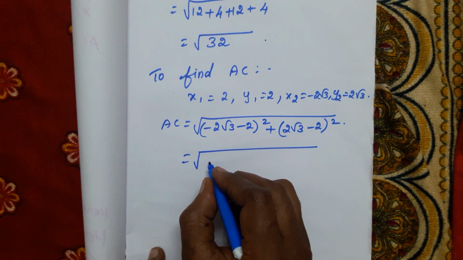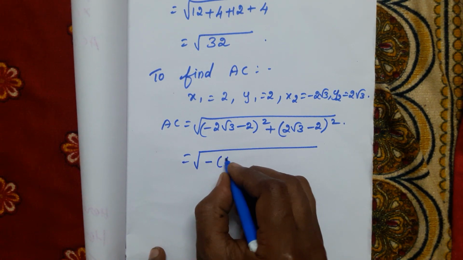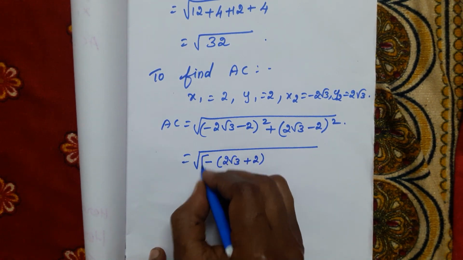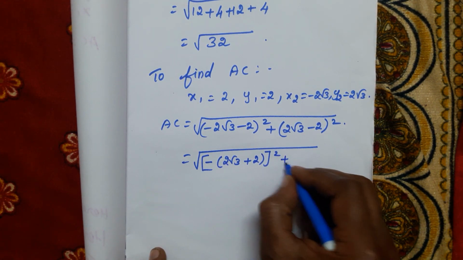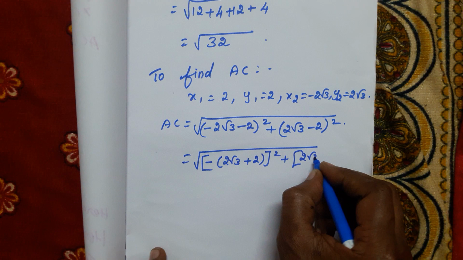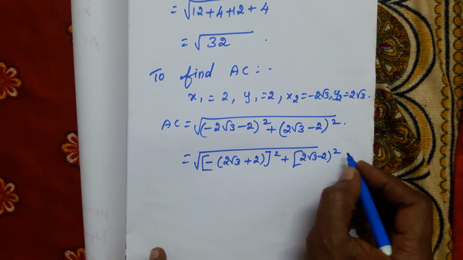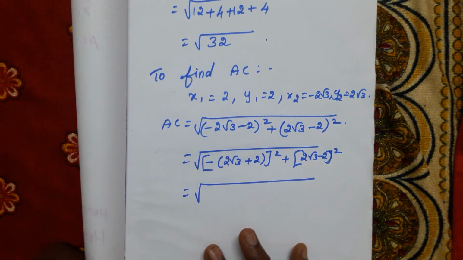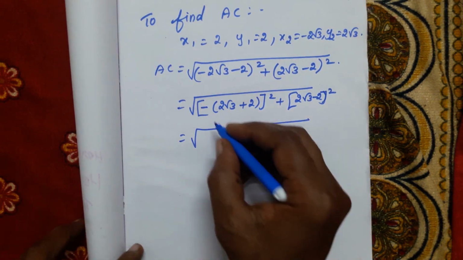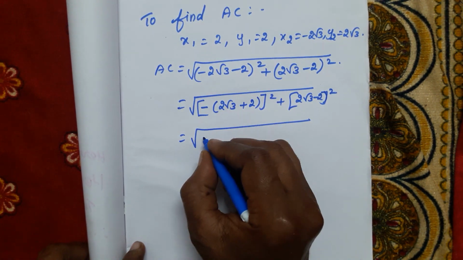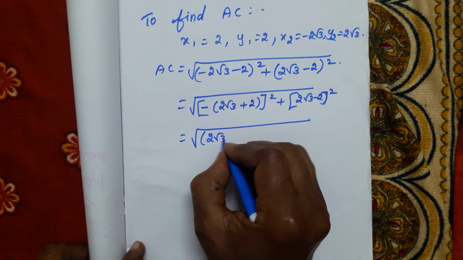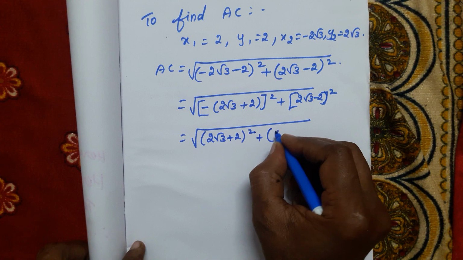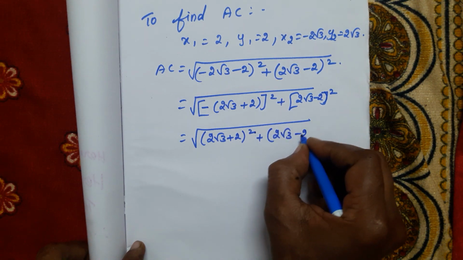Minus taking outside means minus of 2 root 3 plus 2 the whole square. Next here, 2 root 3 minus 2 the whole square. It's equal to root of, minus the whole square is plus, minus the whole square is plus. So we can write 2 root 3 plus 2 the whole square plus 2 root 3 minus 2 the whole square.